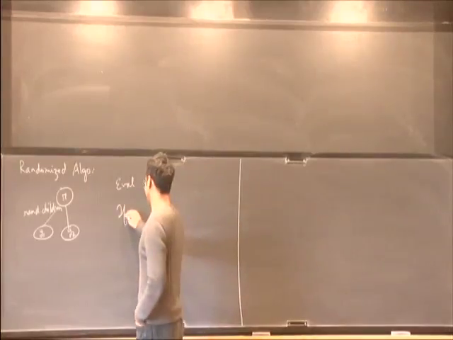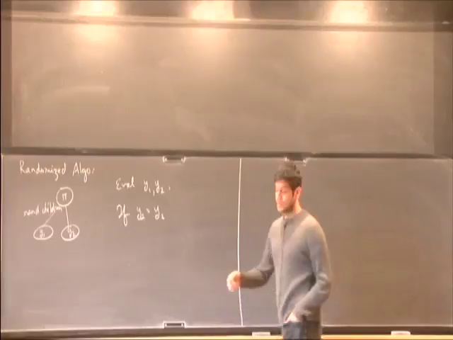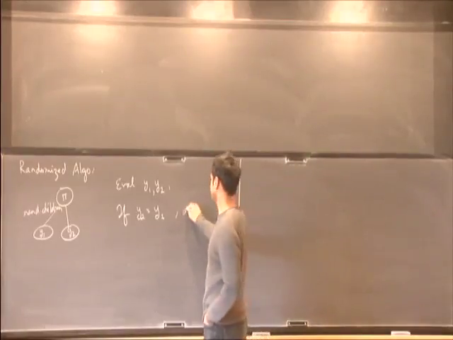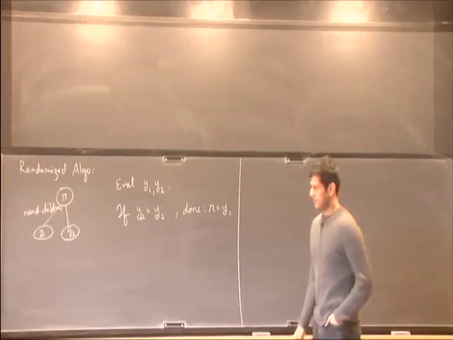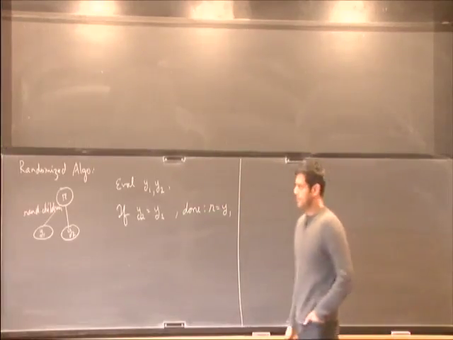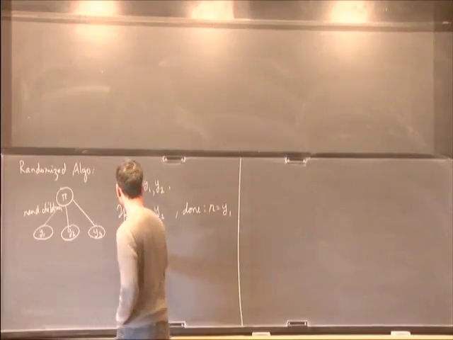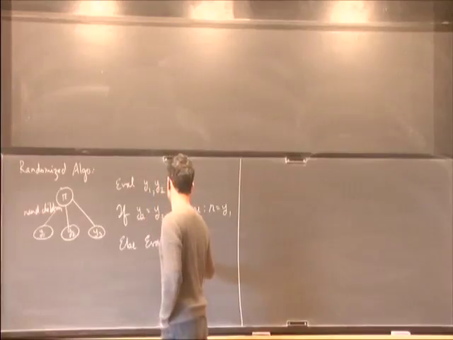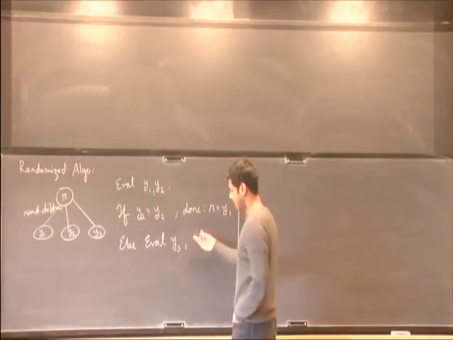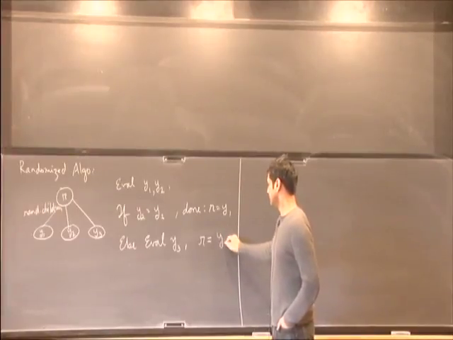If they're equal, clearly you have the value at the root. And if they're not equal, you evaluate the third one.